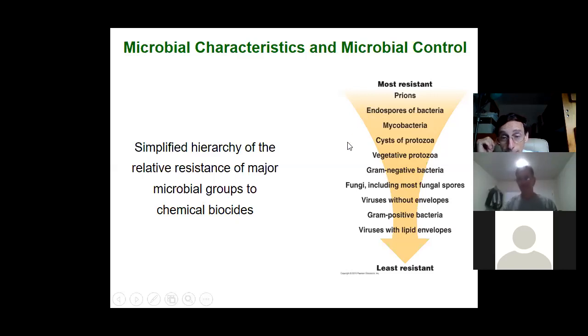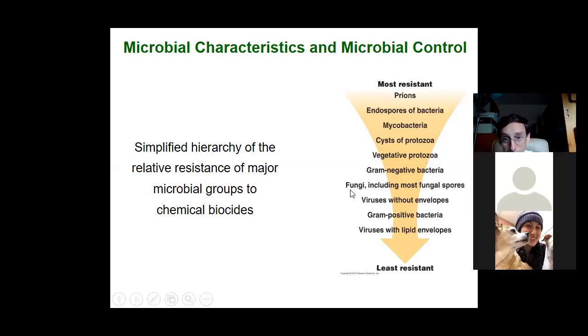Although hydrogen peroxide would be good at killing many of these, I'm not sure exactly how good it is at killing viruses, so I might be wrong on these. Hydrogen peroxide, would that work on lipids?